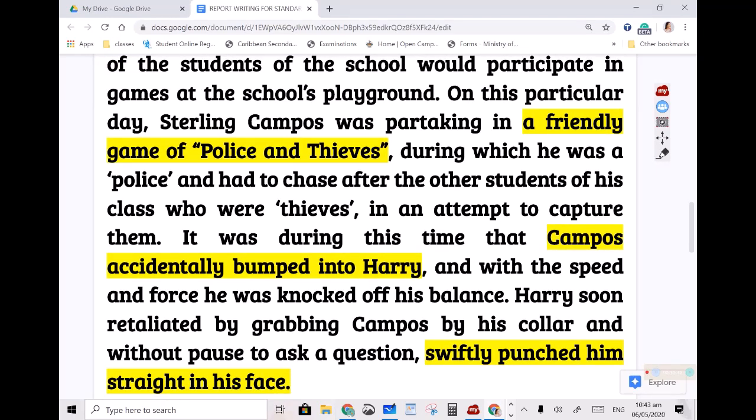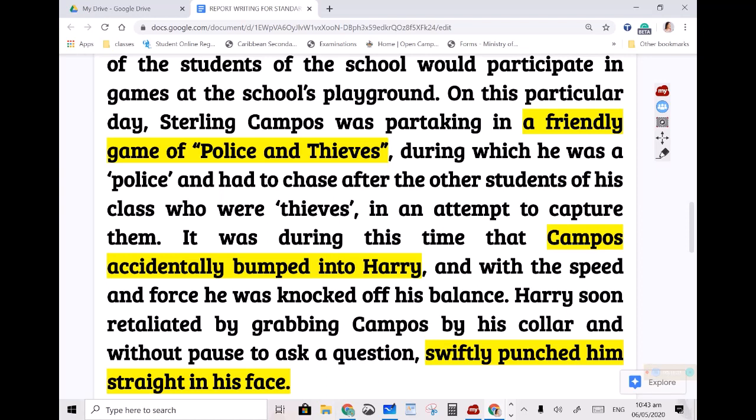Now, why I highlighted a friendly game of police and thieves is because you are supposed to explain what happened before, or what led to the incident. So by saying what Campos was doing before the incident occurred, it would actually give reason to why or how the incident actually occurred.